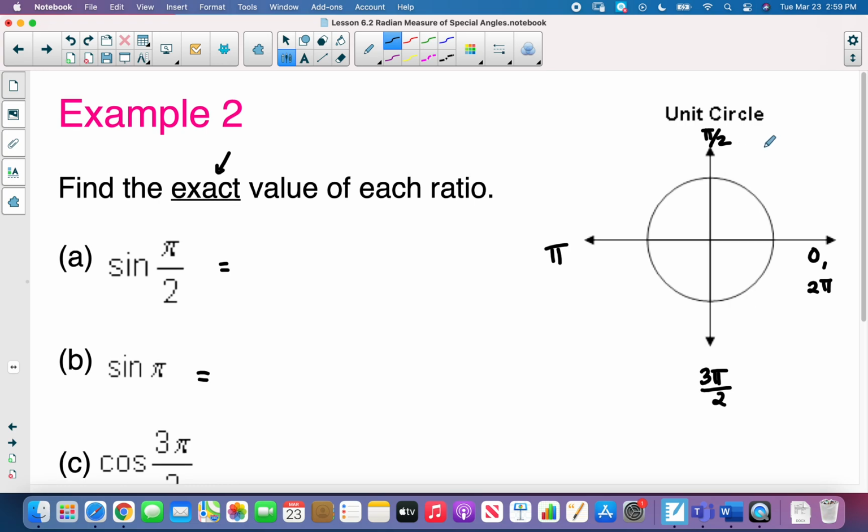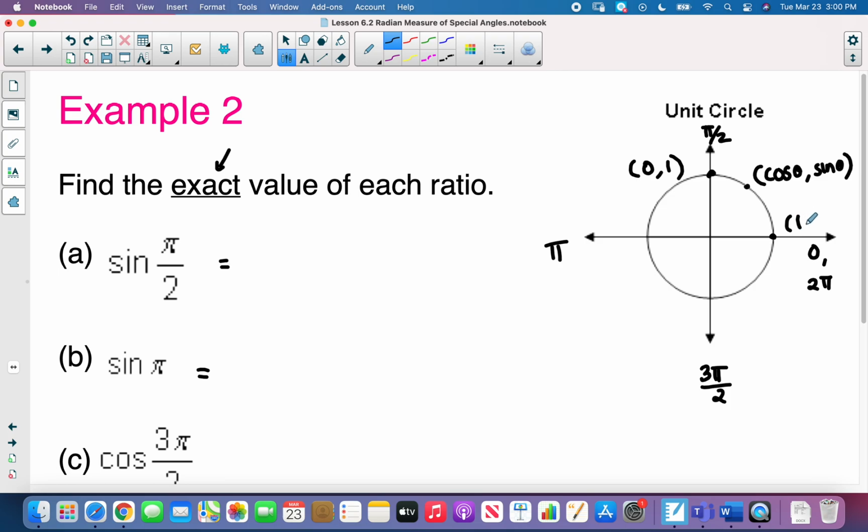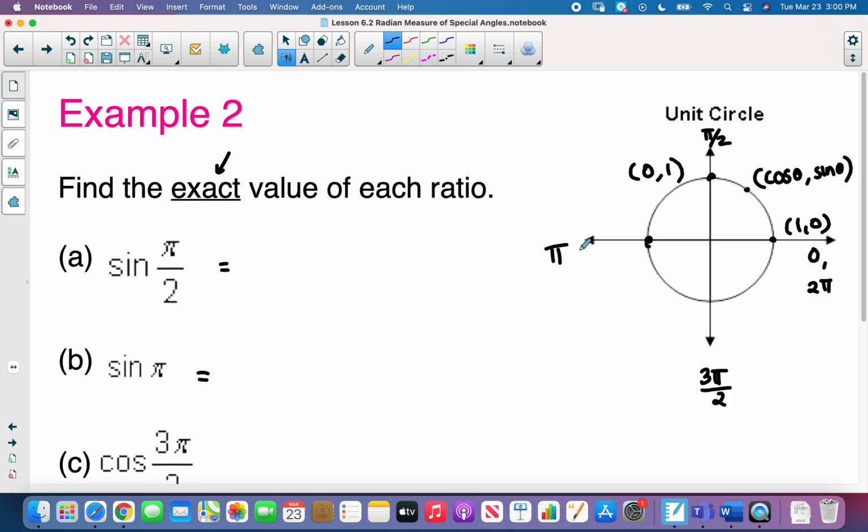So each point, its x coordinate is cosine of theta and its y coordinate is sine theta. Okay, and this point here, its coordinates are 0, 1. This one here, it's 1, 0. Here it is -1, 0. And here it is 0, -1.